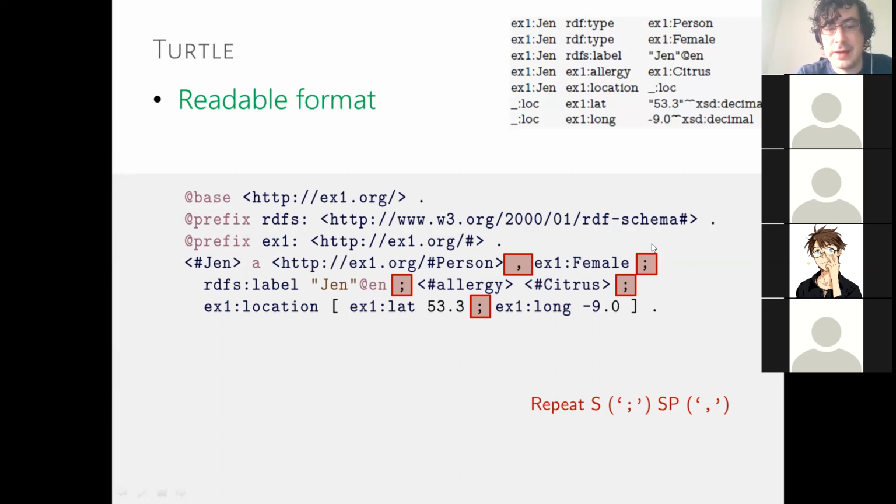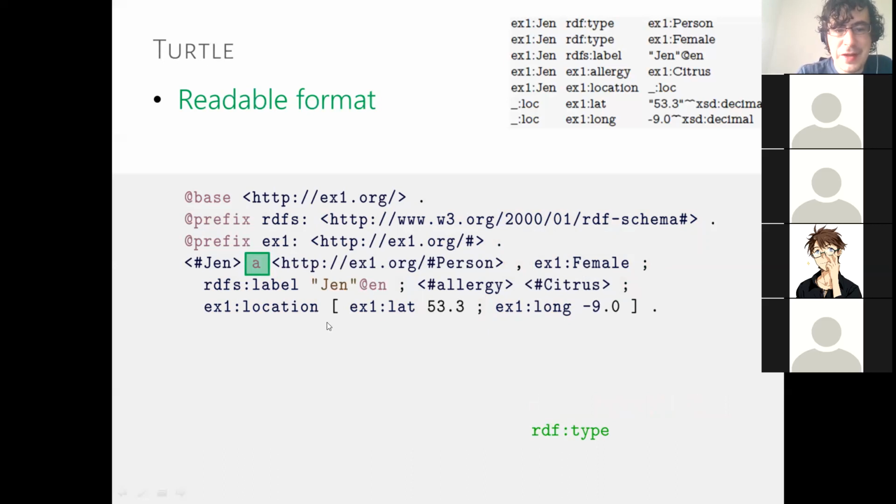So this says, okay, we're going to say something about gen, right? So we reuse the same subject and we say rdfs:label gen, allergy, citrus, location, etc. So these two shortcuts allow us to define a bunch of things about the same subject, or to define multiple values for the same subject and predicate.